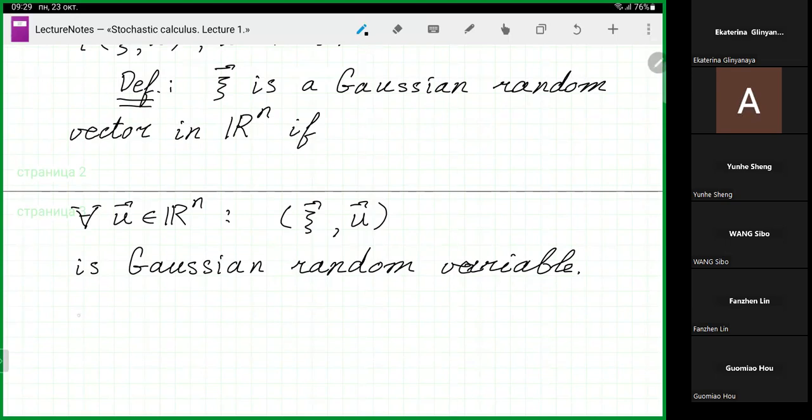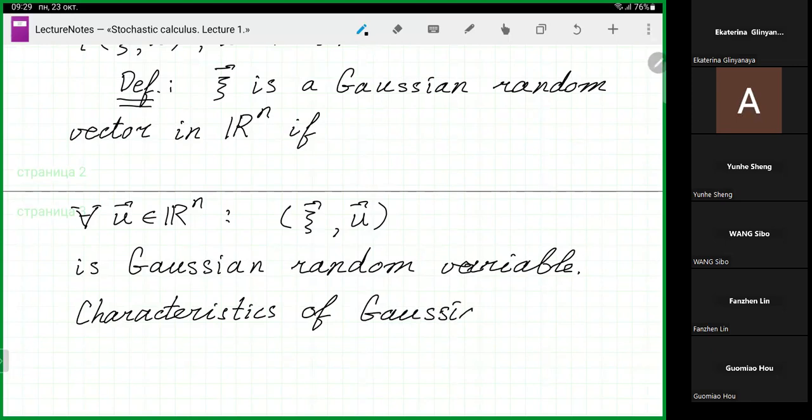Let us introduce the characteristics of a Gaussian random vector.